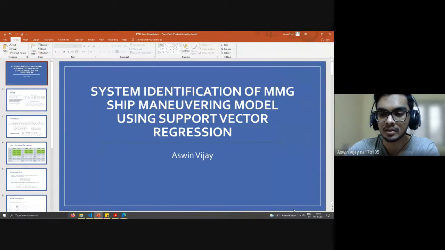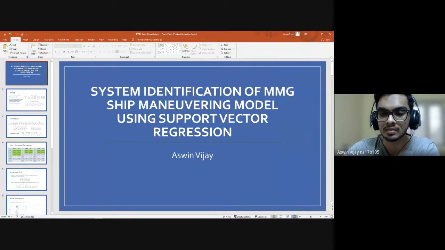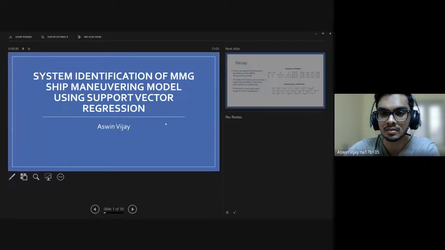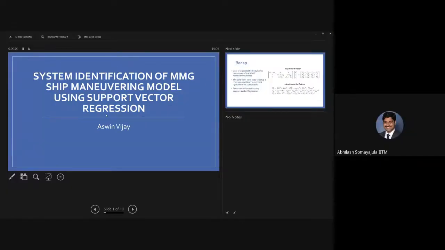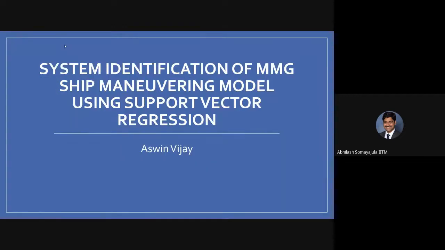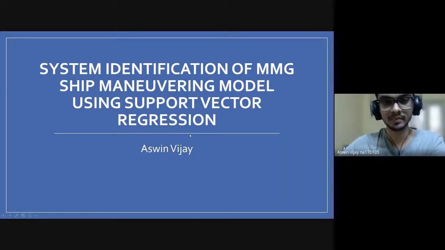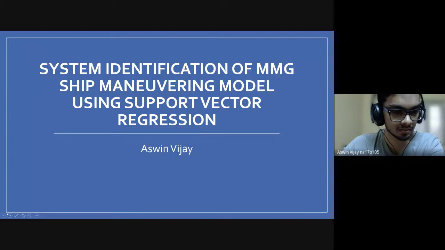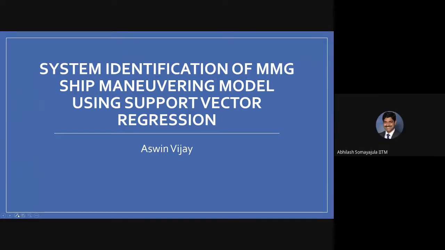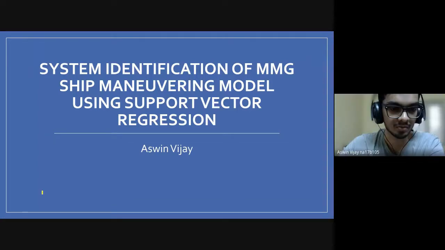I'm not sure why that is happening. Yeah, on the top you see there is a display settings. Yeah, that's the one. Okay. So, I start now.